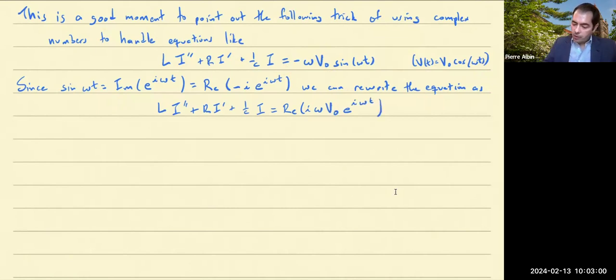Okay. And so instead of just having the right-hand side involve complex numbers, now we're going to allow everything to involve complex numbers.